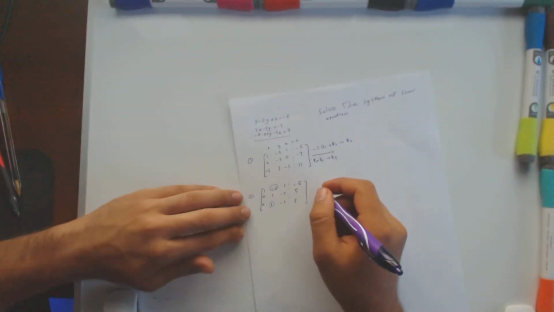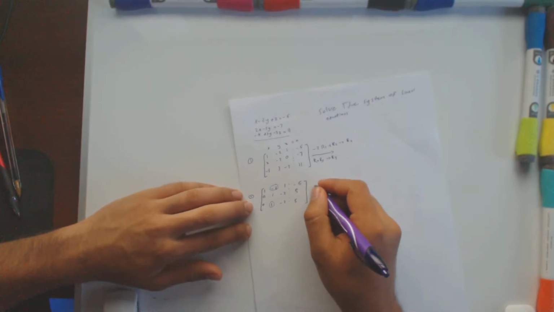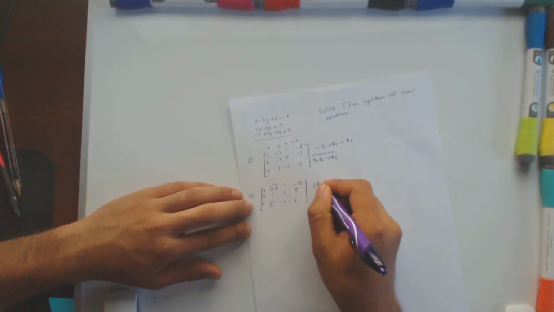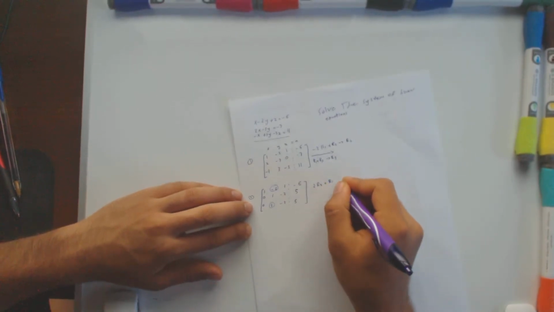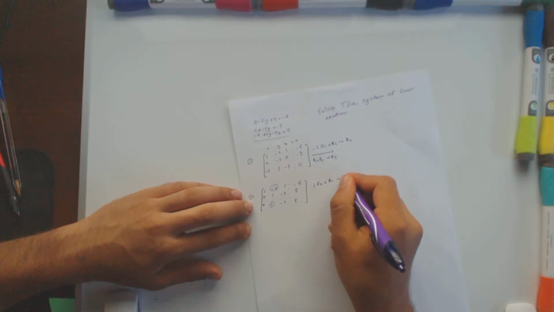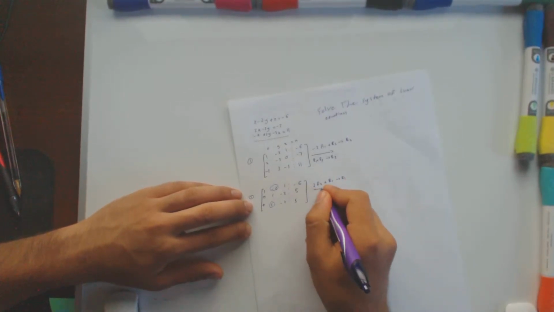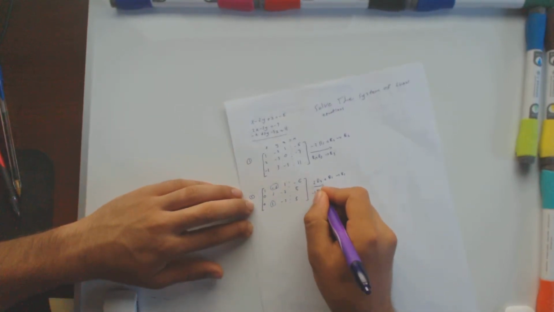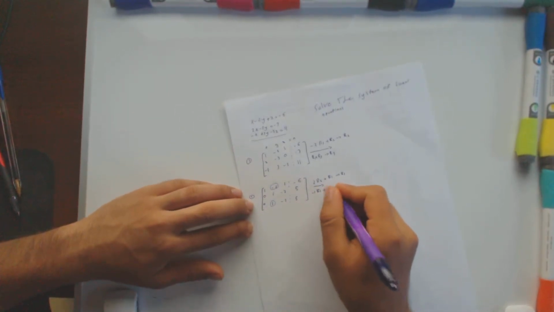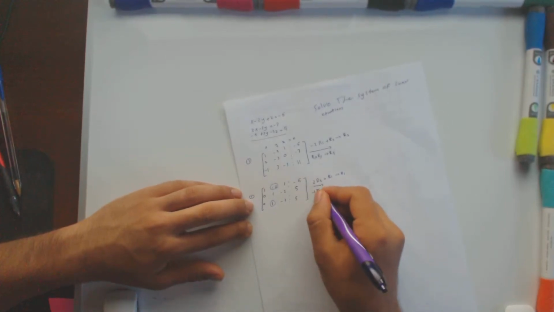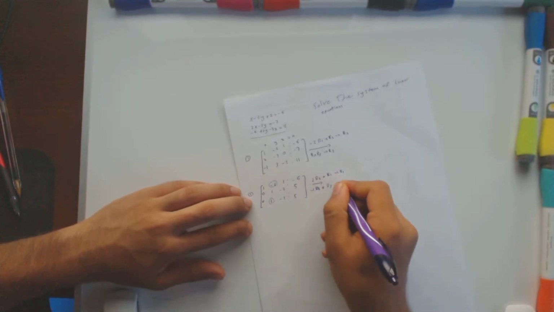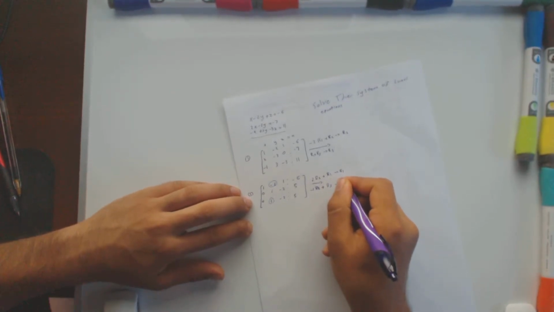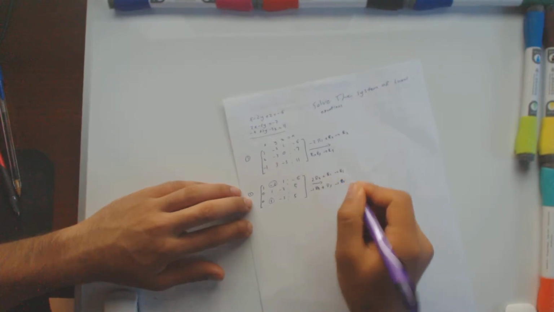So let's say 2 times r2 plus r1 will give us r1, and -1 times r2 plus r3 will give us r3.